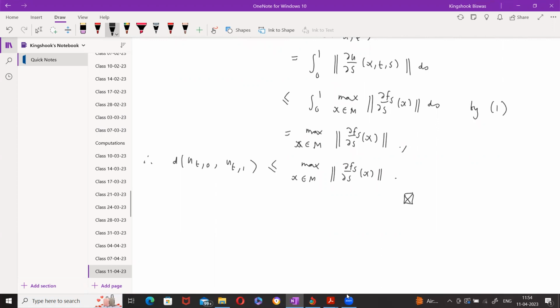Now we need just one small lemma, which I won't prove. I'll leave it to you as a simple exercise.